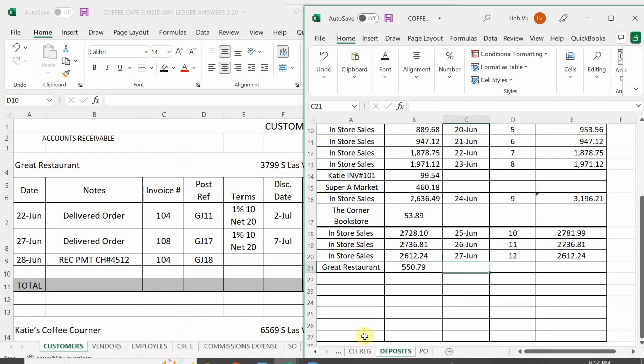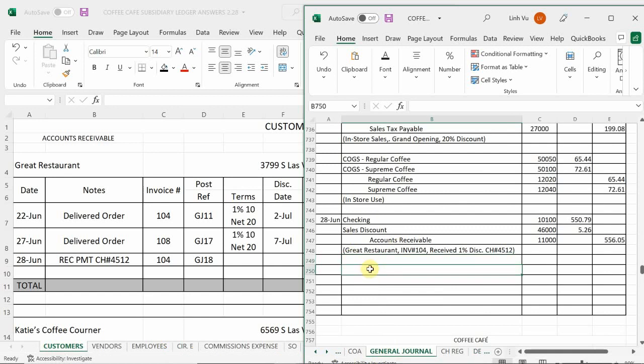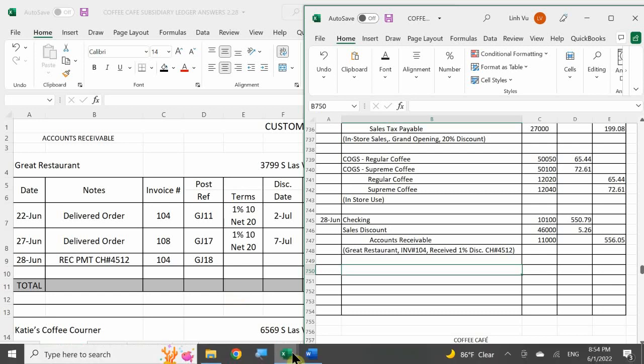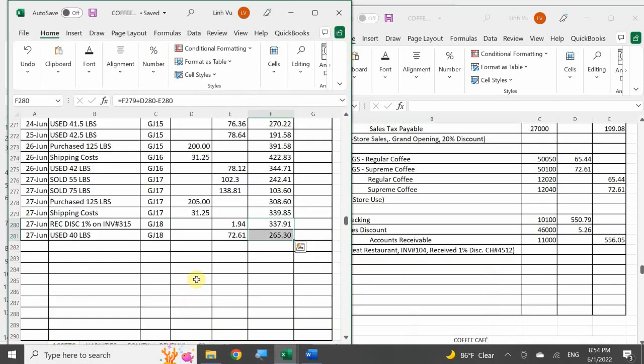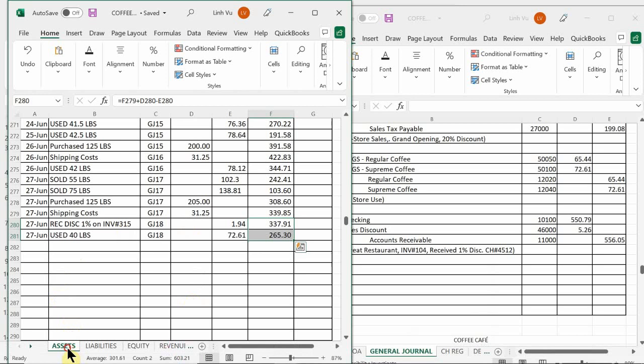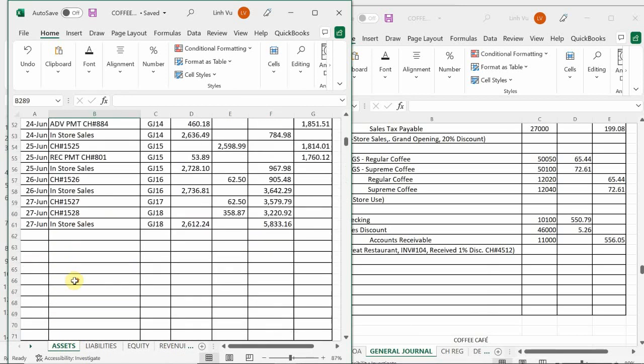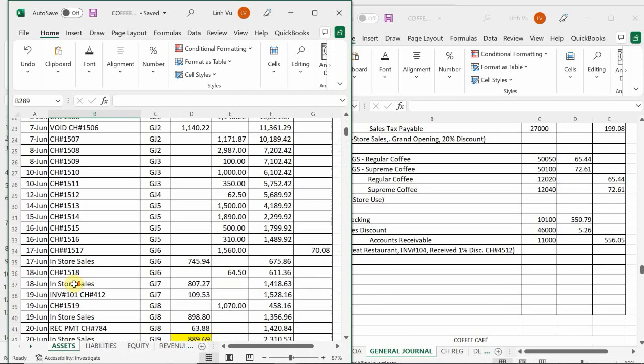All right. And let's see. We need to now go to the ledger because the subsidiary ledger is done, right? We already recorded the payment that we have done. So we need to finish off our ledger. Okay? So in this case, I got to go to my checking account because I received a check.